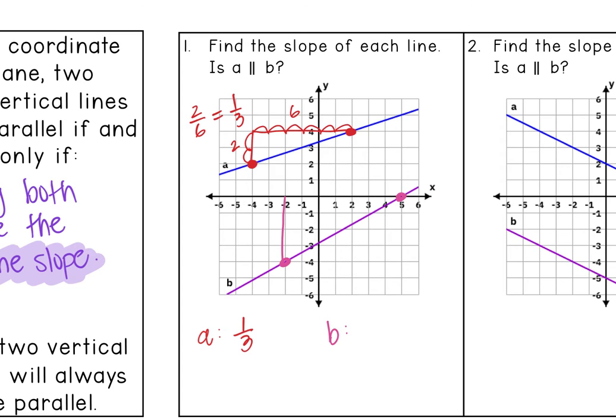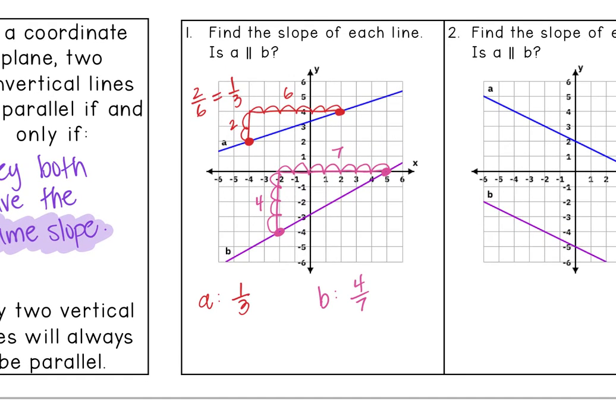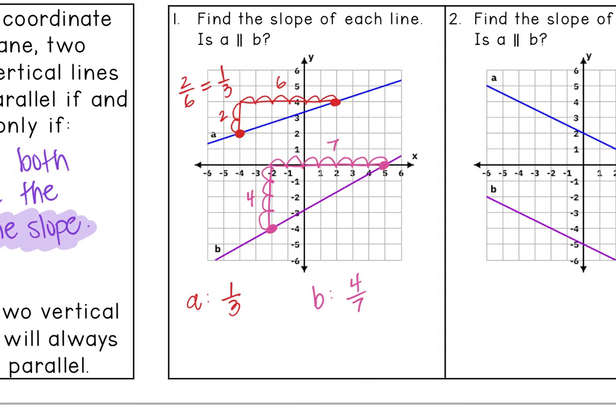If I do my triangle here, I have to go 1, 2, 3, 4 up, and 1, 2, 3, 4, 5, 6, 7 across. So the slope there is going to be 4/7. While they kind of look like they might have been parallel, like they don't touch here in the picture, they have different slopes. They are not the same. So these are not parallel, because these 2 things are not equal.